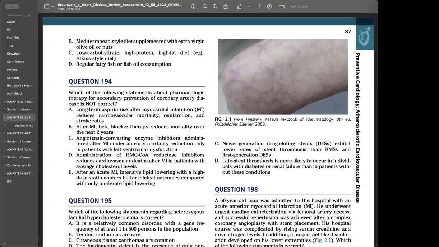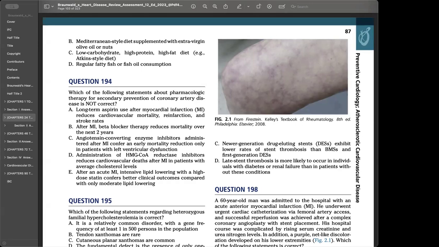And for both arms, statins demonstrated a reduction in cardiovascular deaths and myocardial infarction in these patients. Okay, and also there's a study, PROVE IT-TIMI 22, which assessed the effect of high-intensity statin or high-dose statins in patients with acute coronary syndrome.